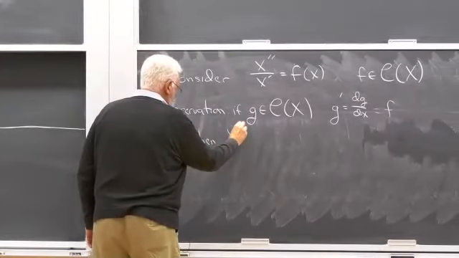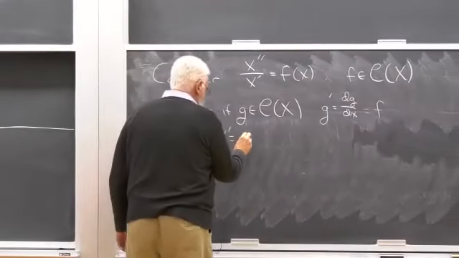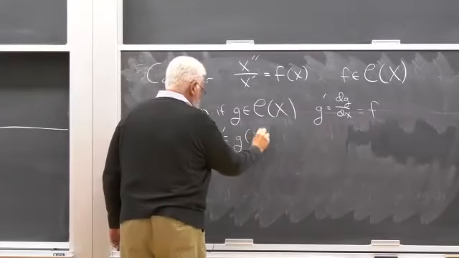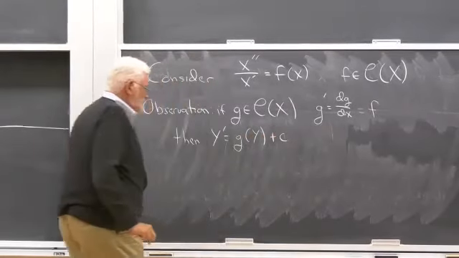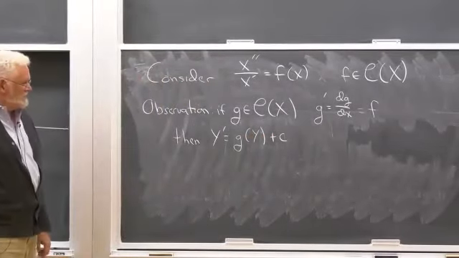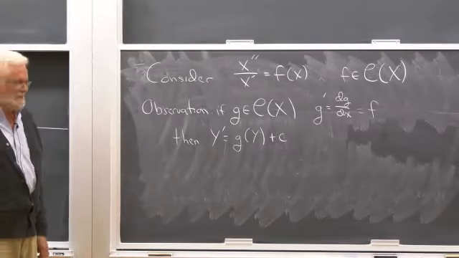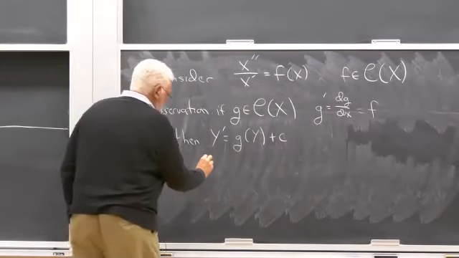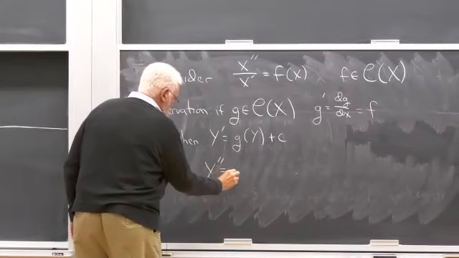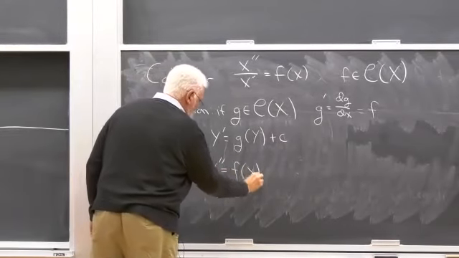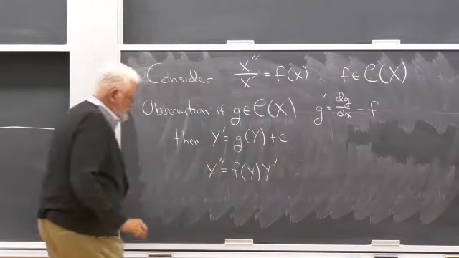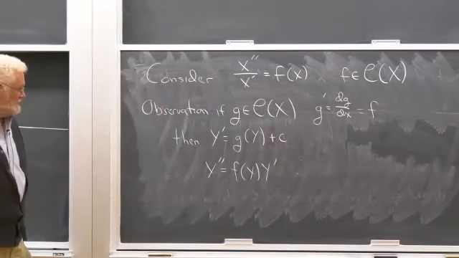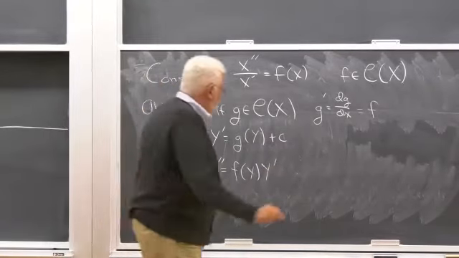Then if I look at the differential equation g prime equals g of y plus c, and I differentiate this, I see that y double prime is f of y prime. Okay.